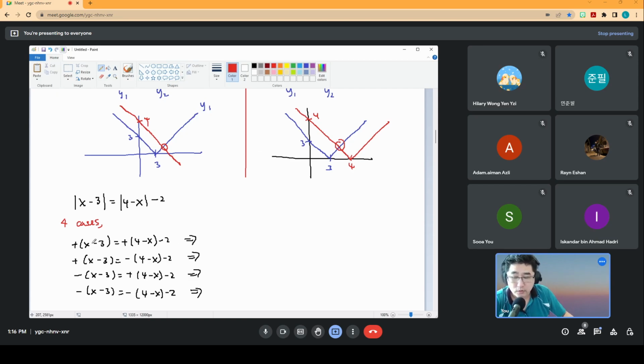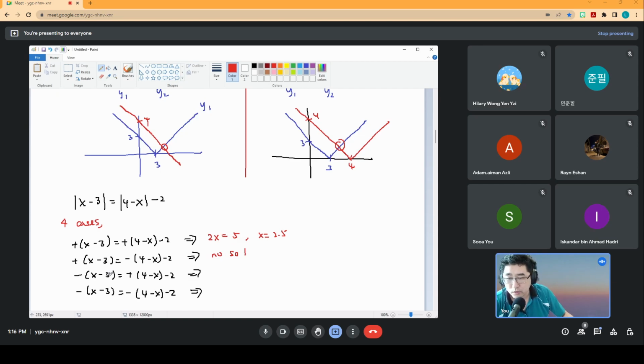So for the first one, x minus 3, x, 4 minus x, I have 2x equals 4 minus 2, 2 plus 1, 5, so x equals 2.5. This one positive x and positive x, this one no answer, no solutions.